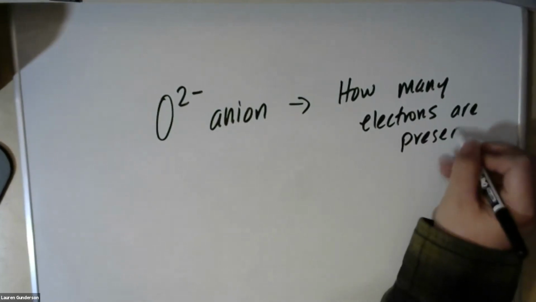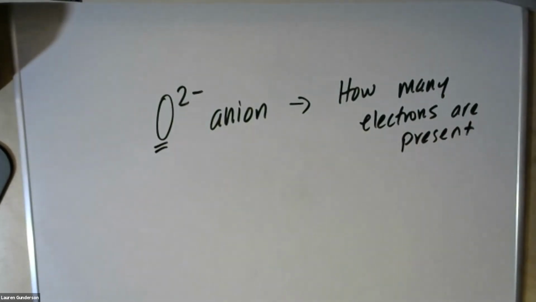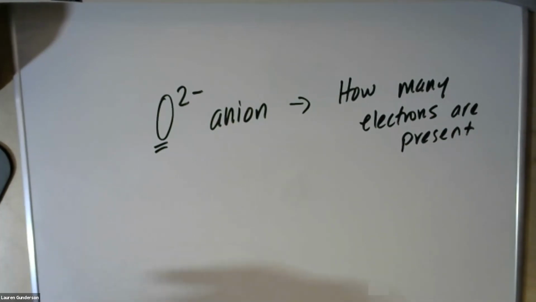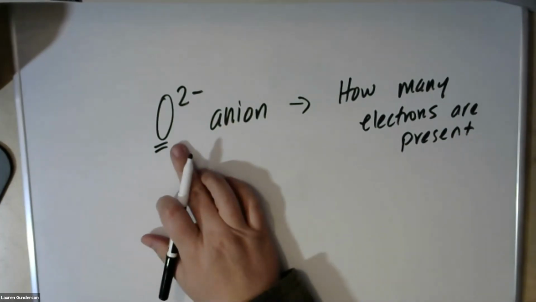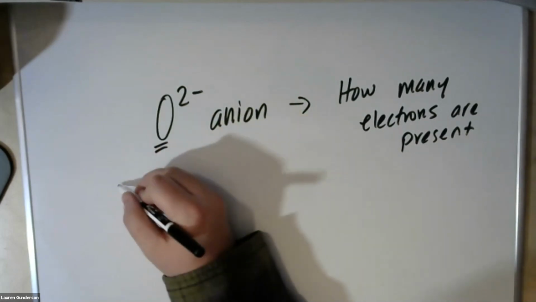Based on the fact that the chemical symbol is O, we know right away how many protons are present. That is not changeable. All oxygen isotopes, neutral atoms, ions, all oxygens are going to have 8 protons.